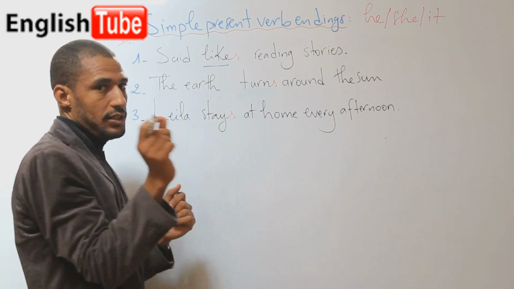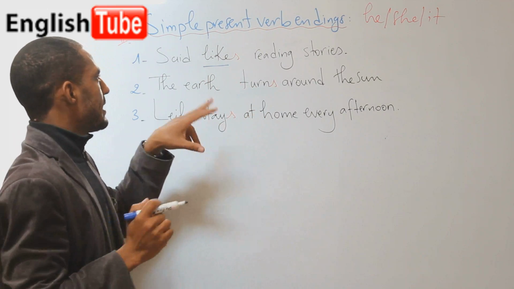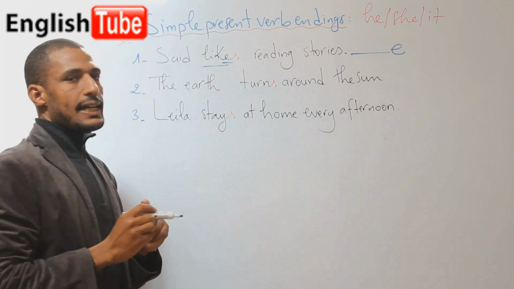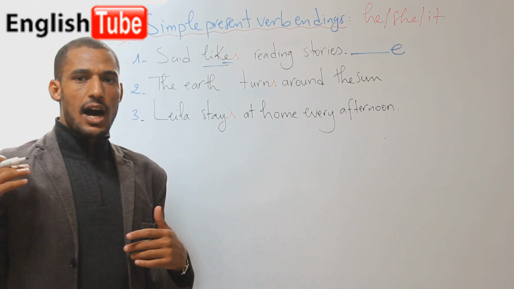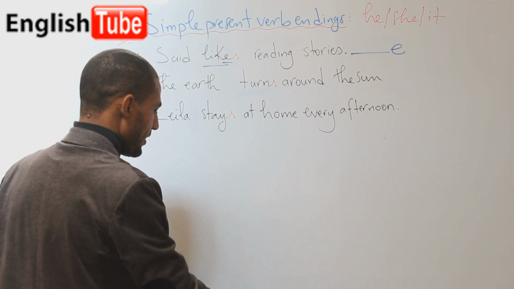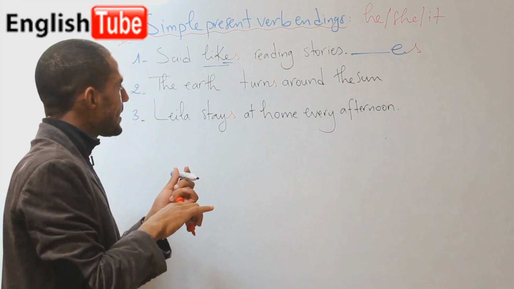Very good, that's the verb base. And the last letter of the verb, what is it? It is E. Great. So whenever you have E at the end of a verb in simple present after the pronouns he, she, and it, we add S as a verb ending. Good, let's move on.